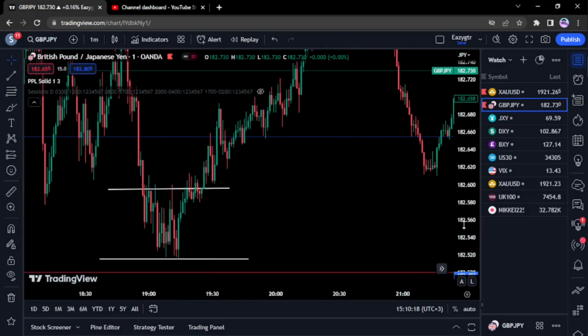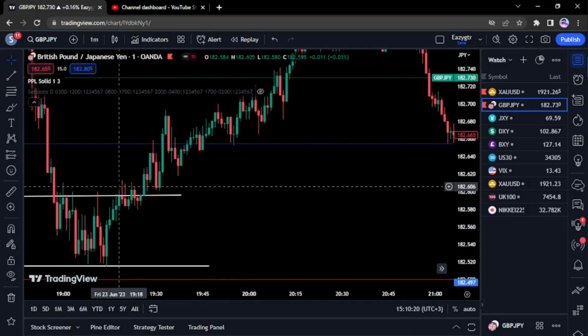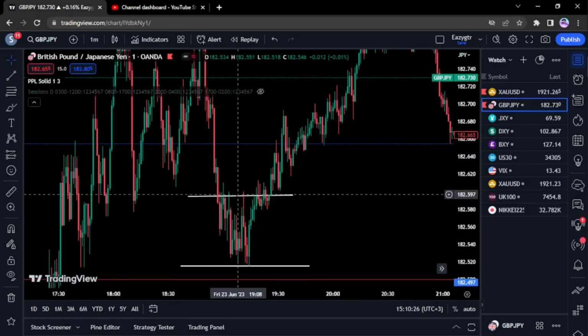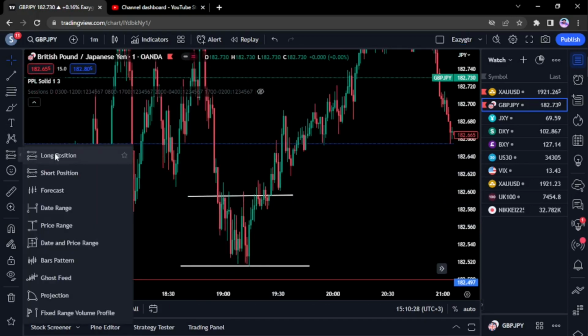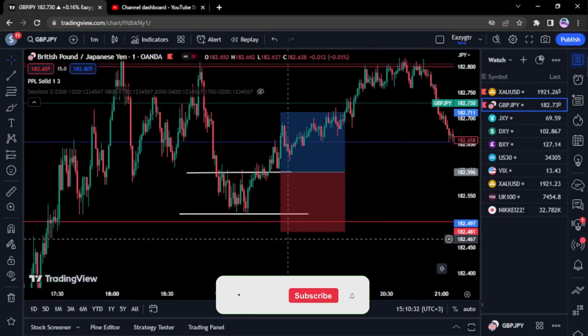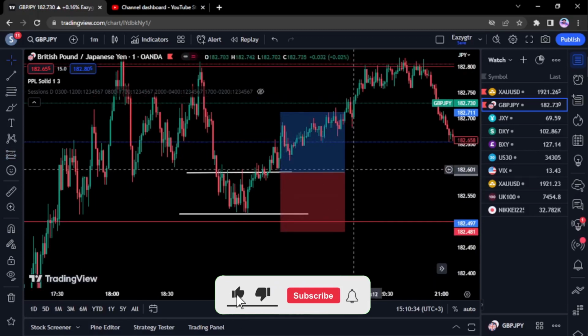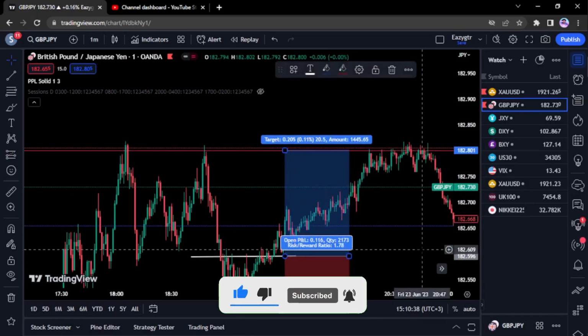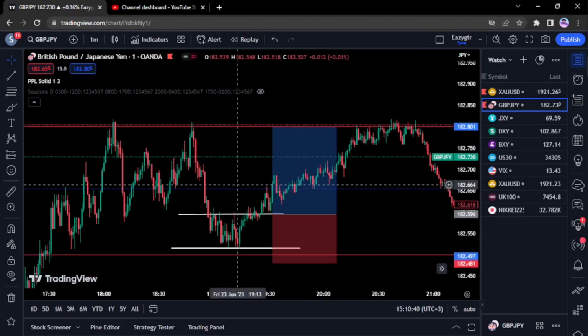And how you'd execute is break above, wait for it to come, tap the order block highs, execute. Simple as that. And since we are on the 1 minute, executing this, the stop loss would be 11 pips for a take profit of 20, 1 to 2.